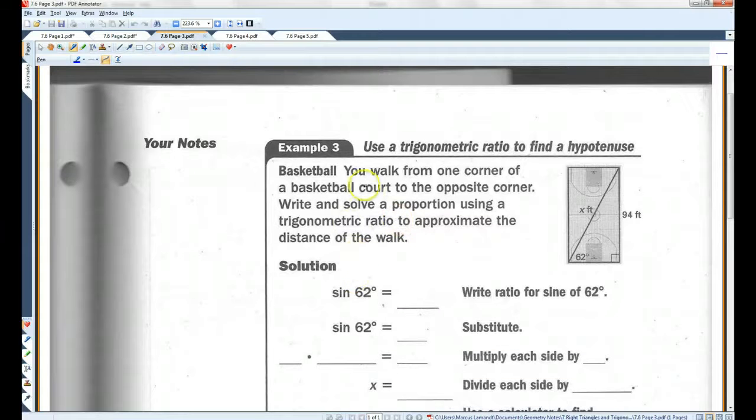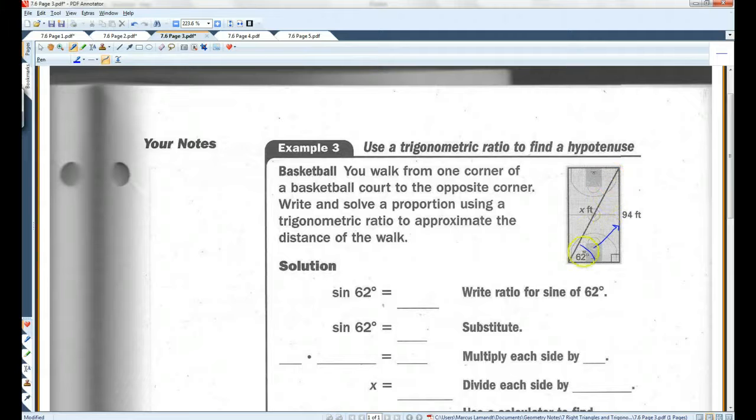Okay, you walk from one corner of a basketball court to the opposite corner. Write and solve a proportion using a trigonometric ratio to approximate the distance of the walk. Alright, so this is our situation. You walk from here to here. This is 62 degrees. The opposite side is 94 feet.